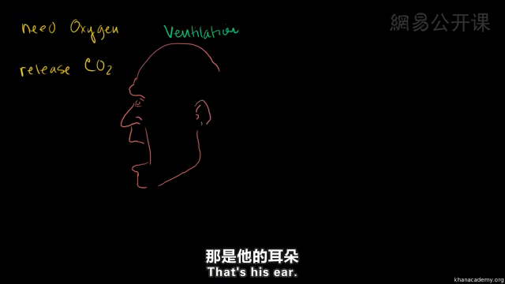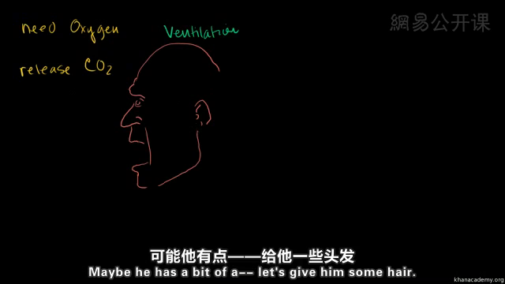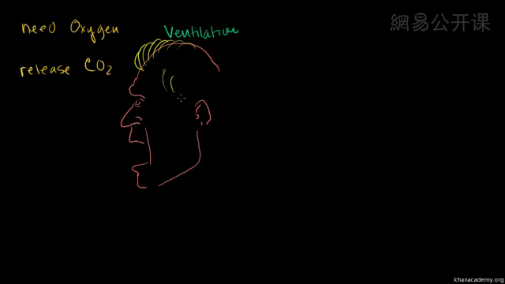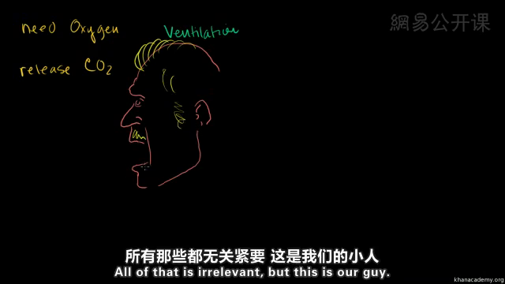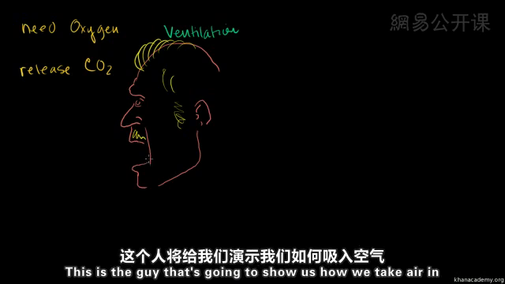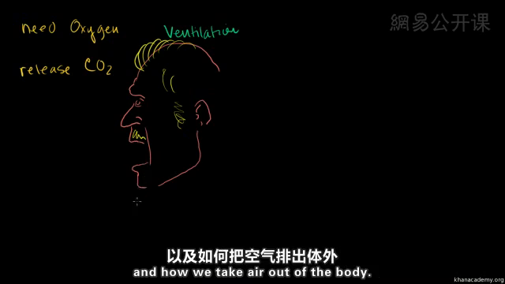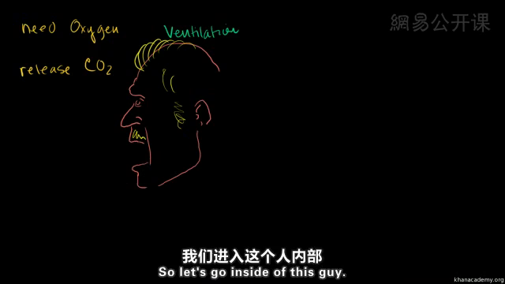That's his ear. Let's give him some hair, maybe some sideburn, a mustache. All of that is irrelevant, but this is our guy. This is the guy that's going to show us how we take air in and how we take air out of the body. So let's go inside of this guy.